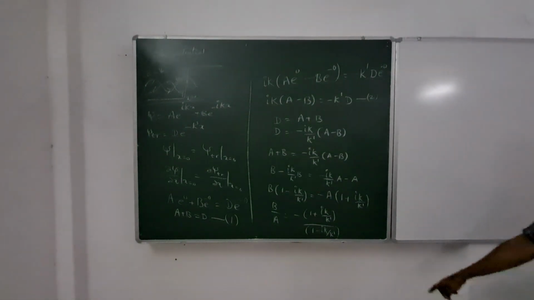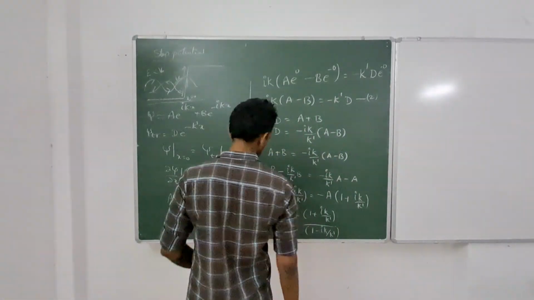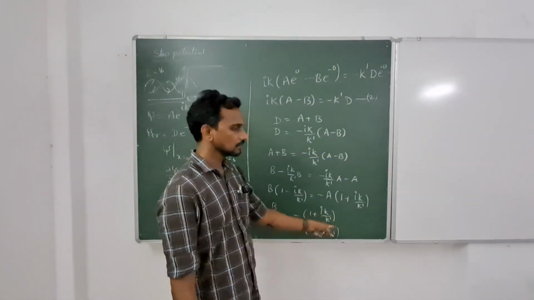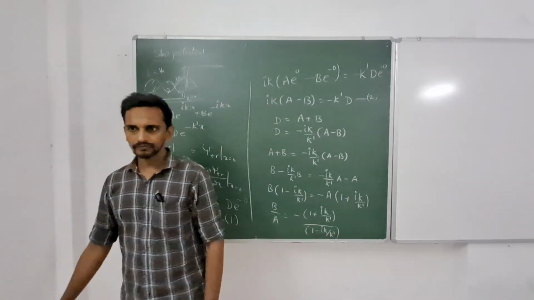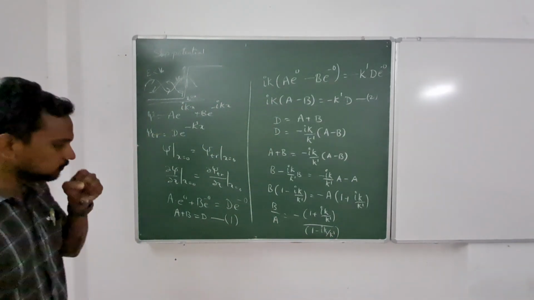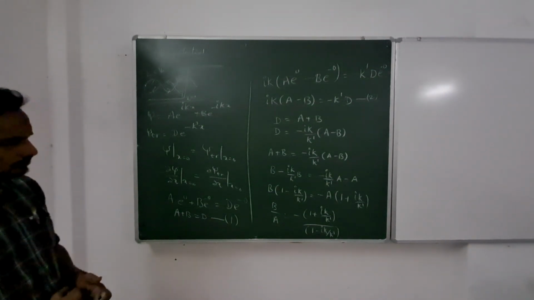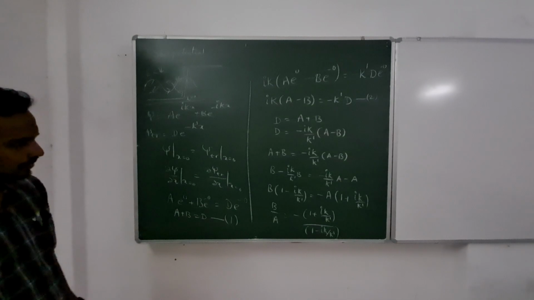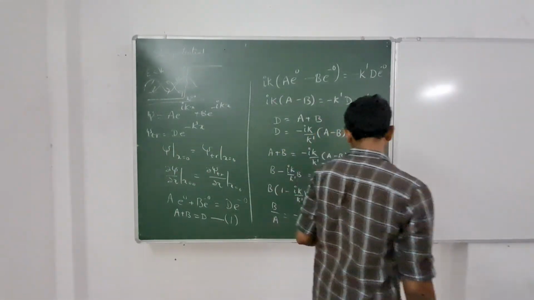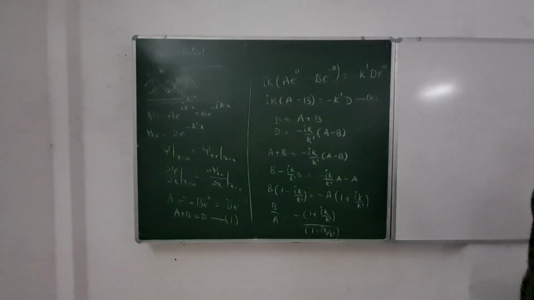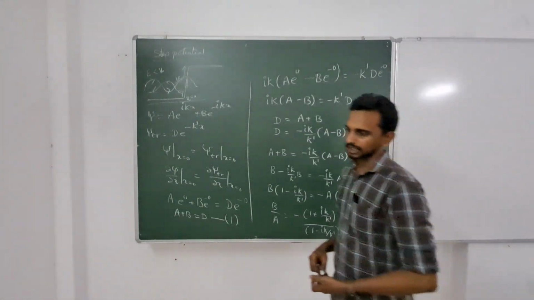So we have to take the modulus square of this, which means you have to multiply this number with its complex conjugate. So how to do that? We can't just replace plus i with minus i, because one number is in the numerator and another is in the denominator, so you can't do that directly.